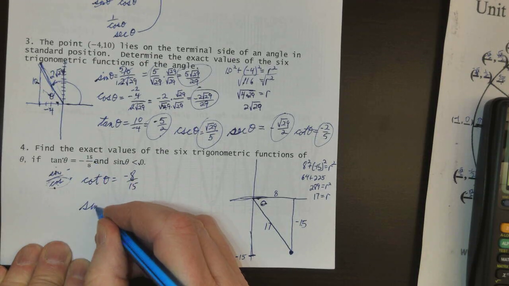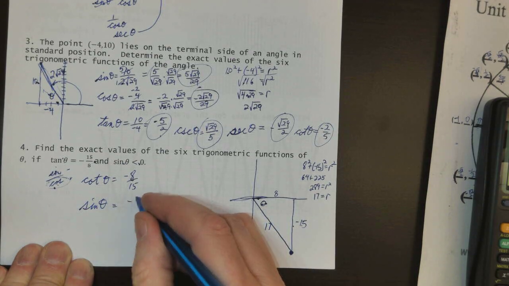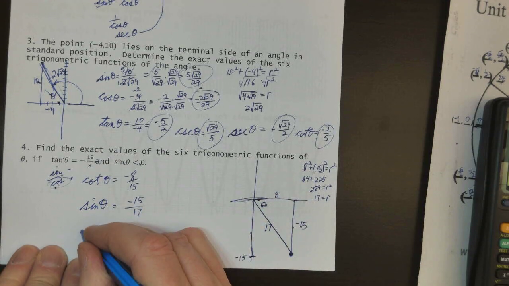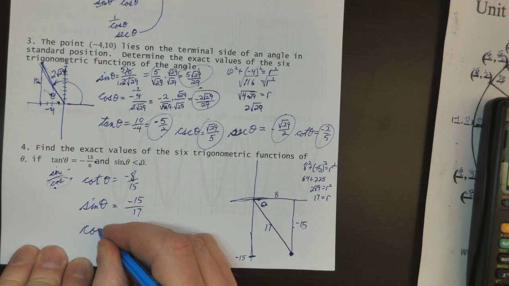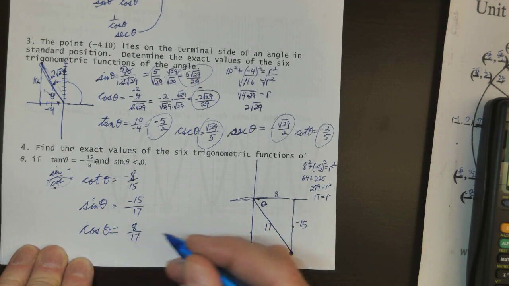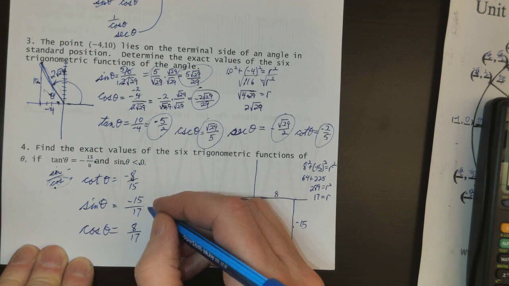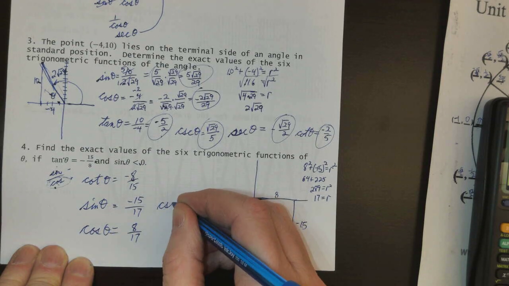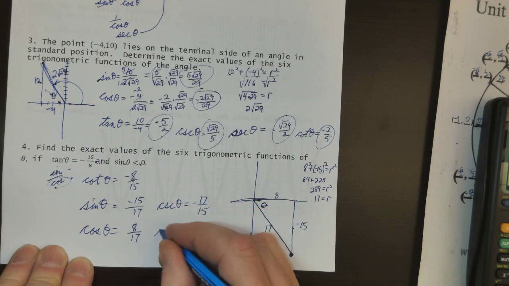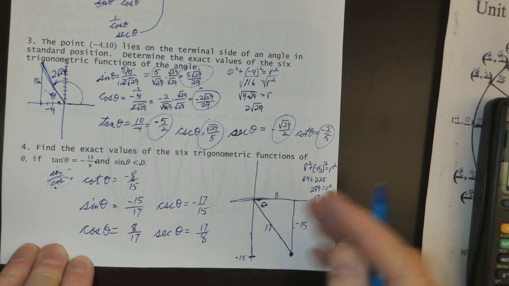The sine of theta is the opposite, negative 15, over the hypotenuse, which is 17. The cosine of theta is the adjacent, 8 over 17. Cosecant of theta is negative 17/15, and the secant of theta is 17 over 8.